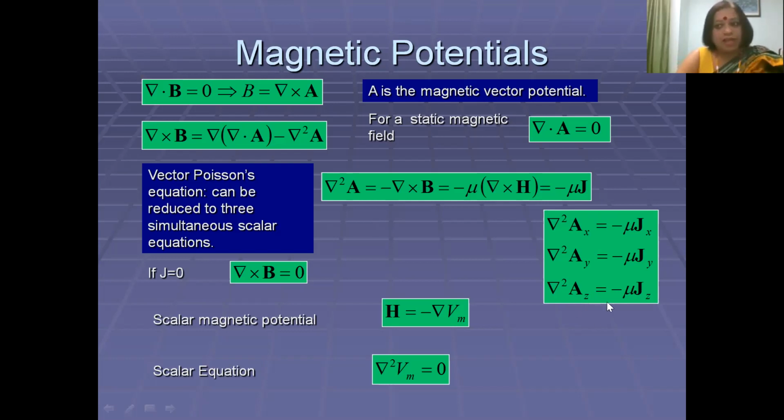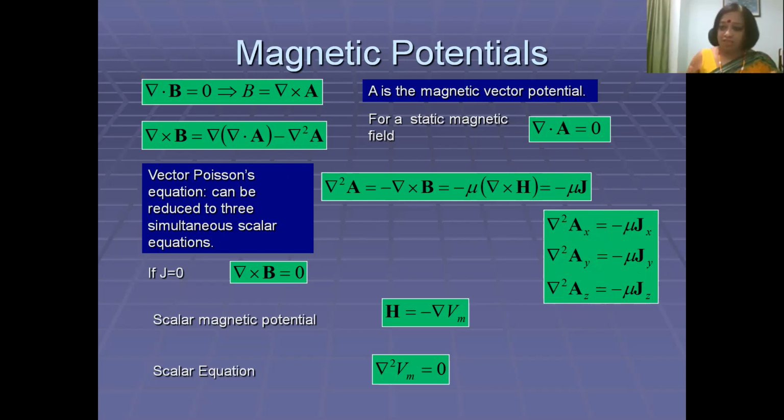And therefore, even though this is a vector equation, it is possible to break it up into three simultaneous equations. Del square Ax is equal to minus mu Jx, del square Ay equal to minus mu Jy, del square Az is equal to minus mu Jz. And you can solve these equations separately.